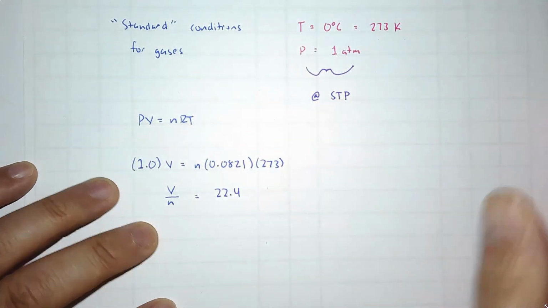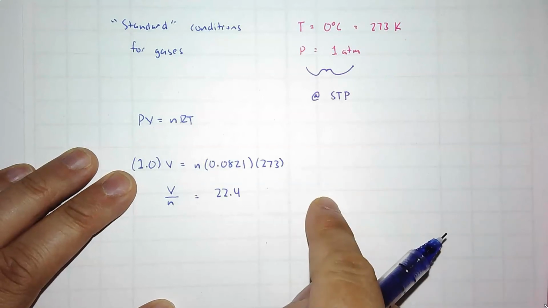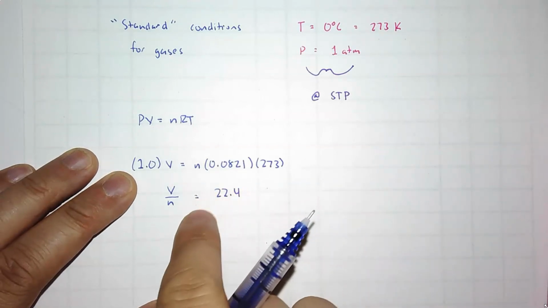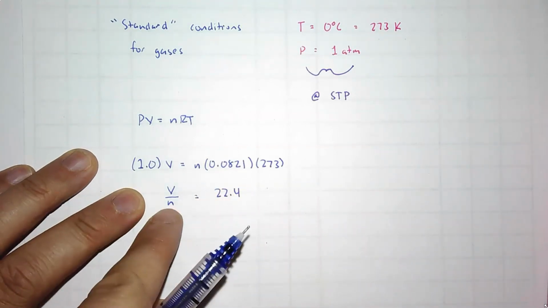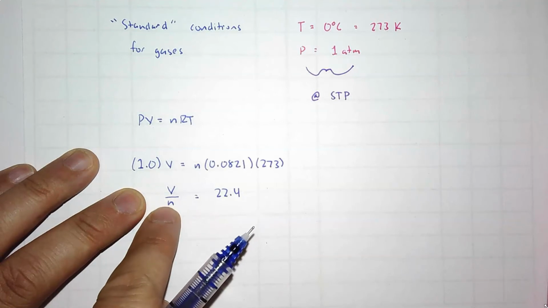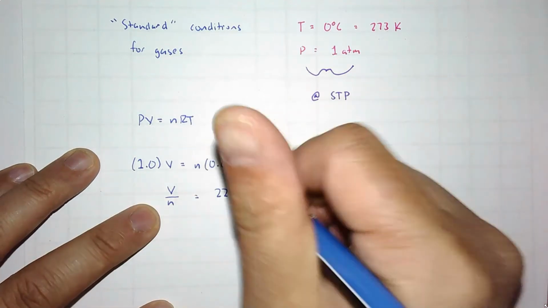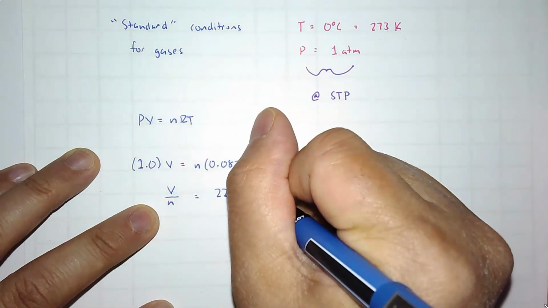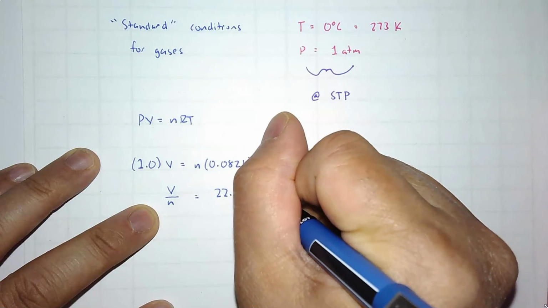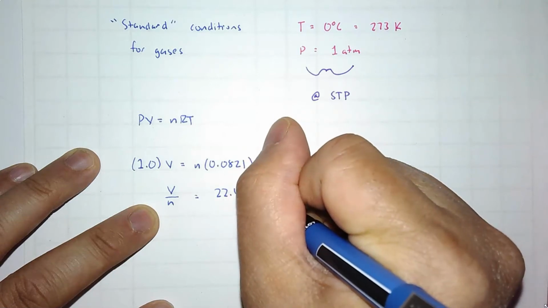22.4. Now, what are the units? Well, if this is equal to volume over moles, then your units would be liters per mole.